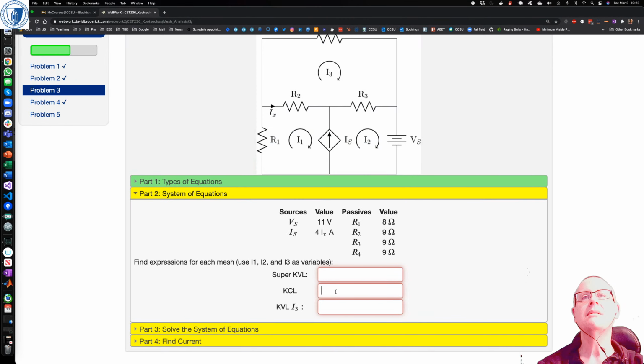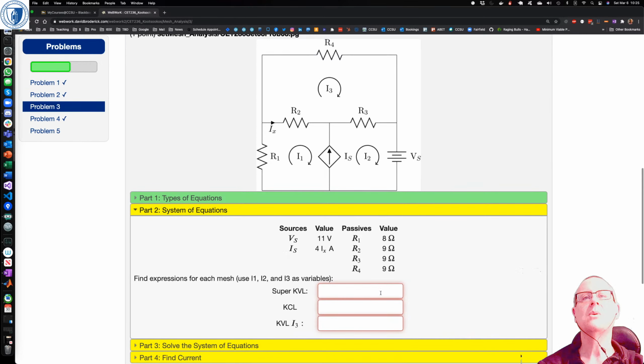Okay, so the KCL equation, let's just write that one down. That one is just IS, but we know what IS is. It's 4IX. Ooh, this could be tricky, right? There's IX there.